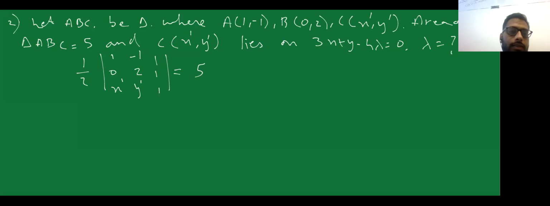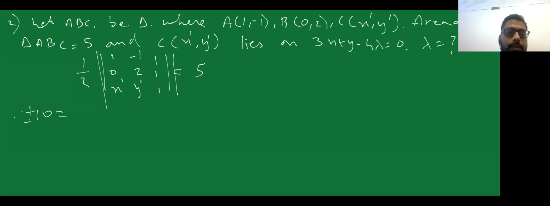However, the value of this determinant can be positive or negative. So I'm going to take mod over here. Because when I open this, the 5 and this 2 will become 10. Shifting this 2 to the other side, and if I open this mod sign, the values are going to be plus or minus 10.